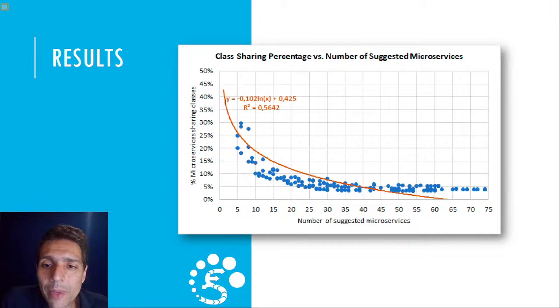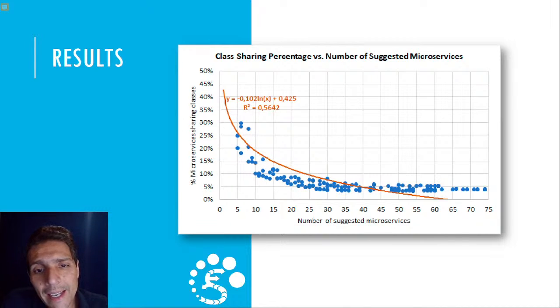And usually what we wanted to find here is if the sharing of classes starts to decline and stabilize at some point. And we found that at some point there's no need to increase the number of microservices. The intersection is going to stay the same.